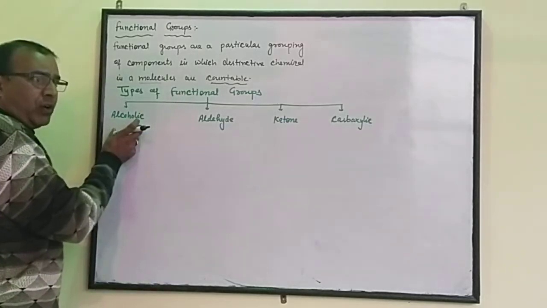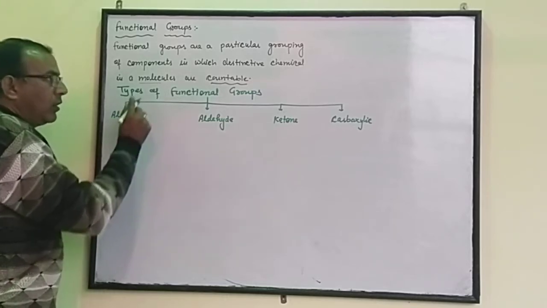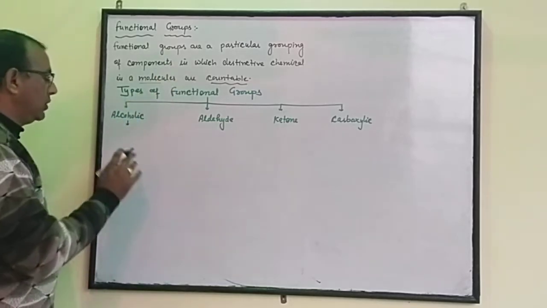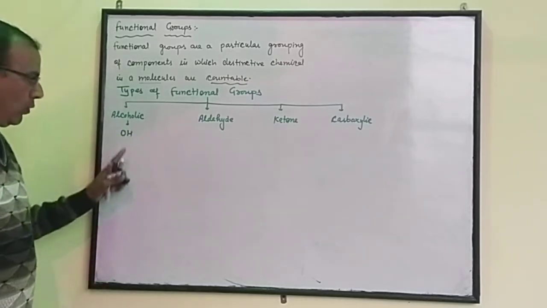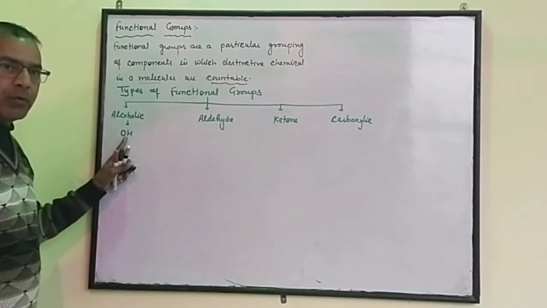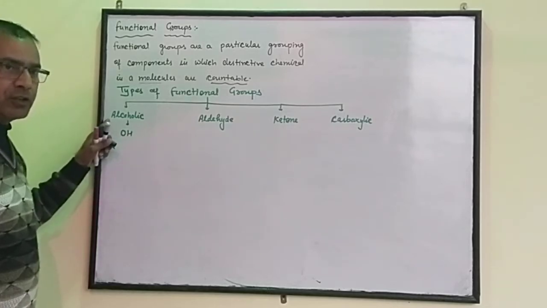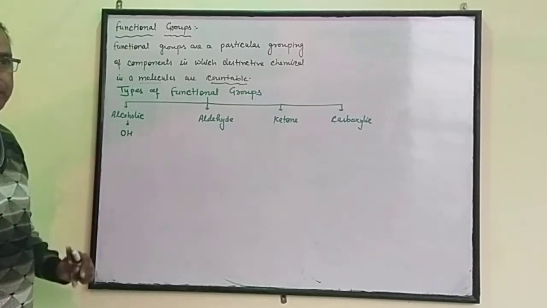First one is alcoholic, the compound of carbons in which the OH is present. If the hydrocarbon compound contains OH, then that functional group is alcoholic.